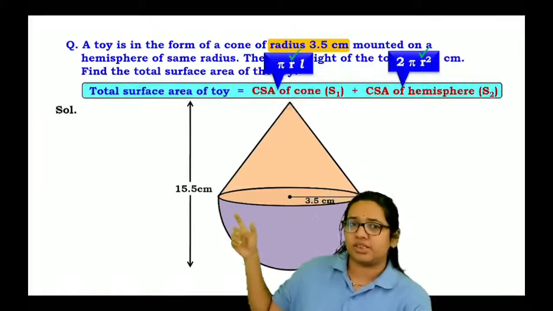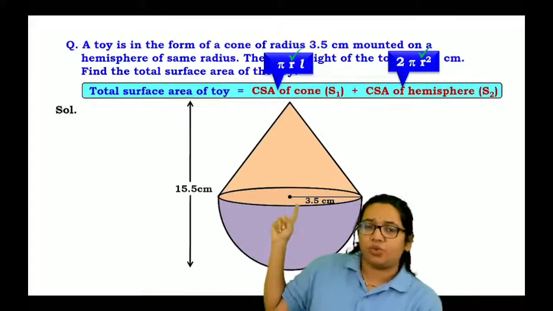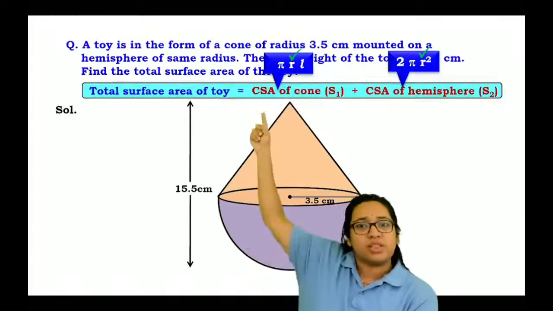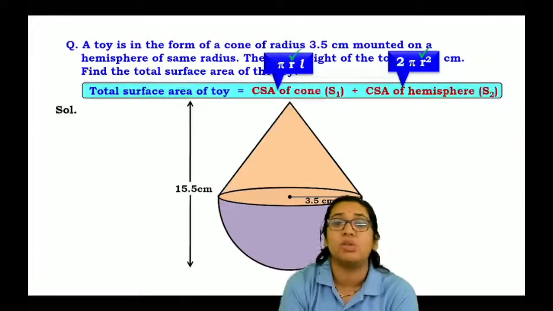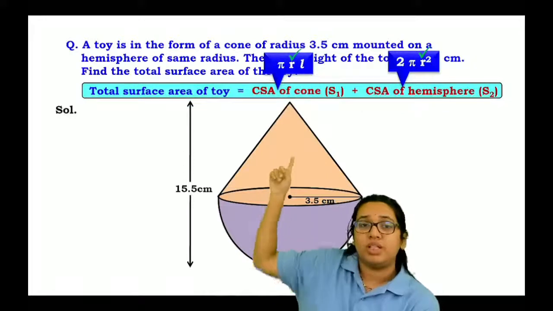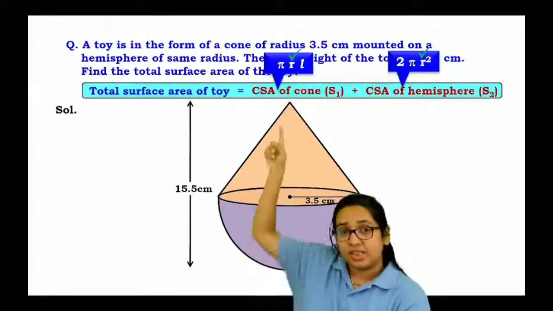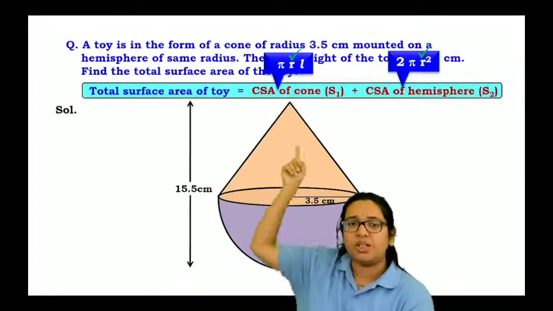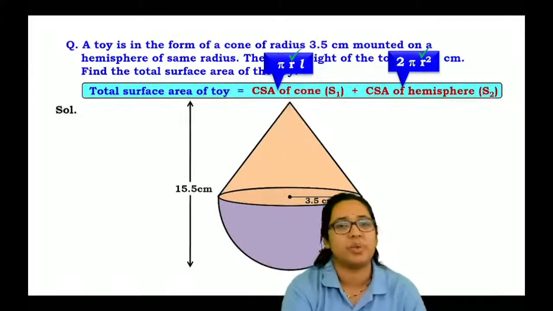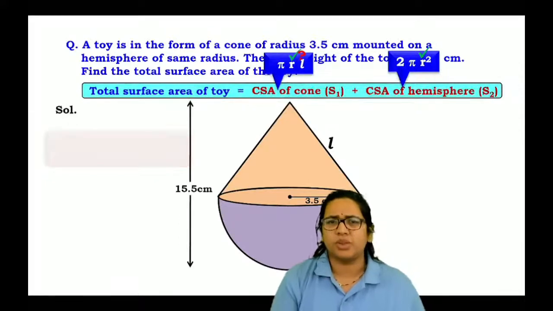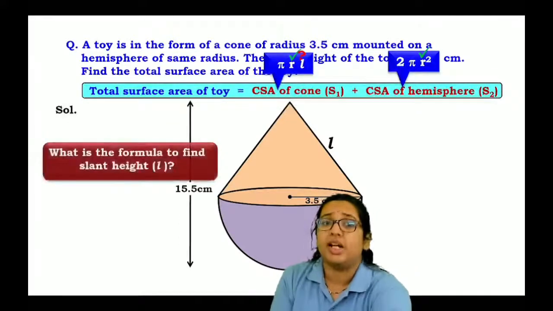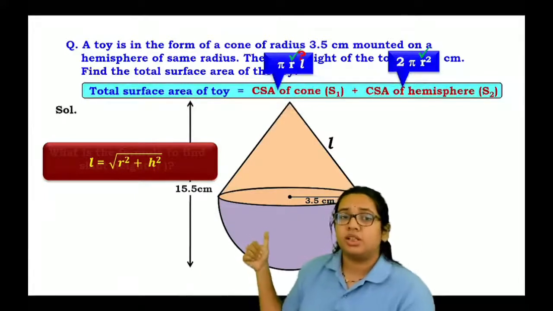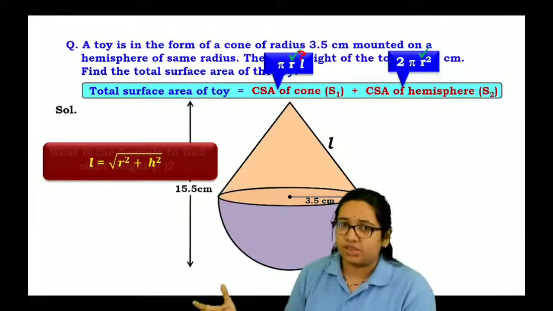So for this case, already we have the value of r, which is nothing but 3.5 centimeter. For the first case, we just have to find out what will be the value of length here. So L is nothing but slanted height, right? H will be the horizontal one and L is nothing but the slanted. So L is nothing but the slant height, and for this we have to use the formula which I'm solving using Pythagoras theorem, right?